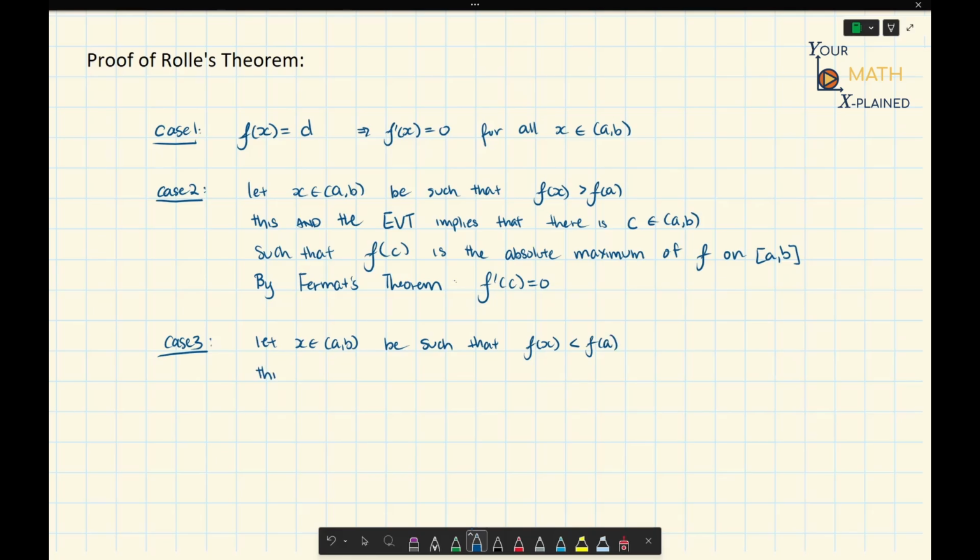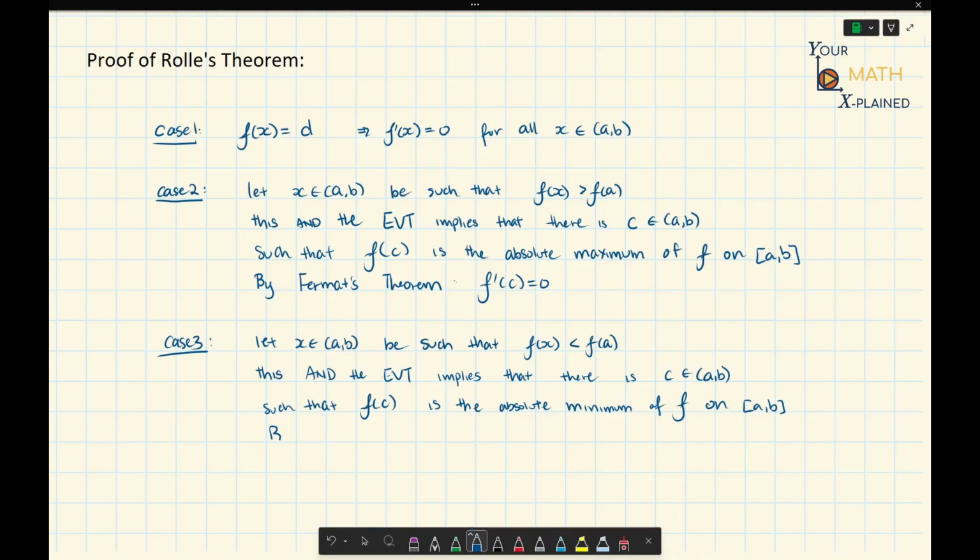And similarly as case 2, this and the extreme value theorem implies that there is a c which is within the open interval (a, b) such that f of c is now the absolute minimum of f on the closed interval [a, b].